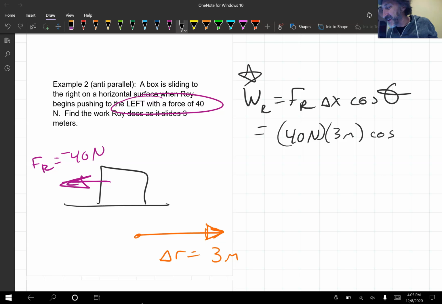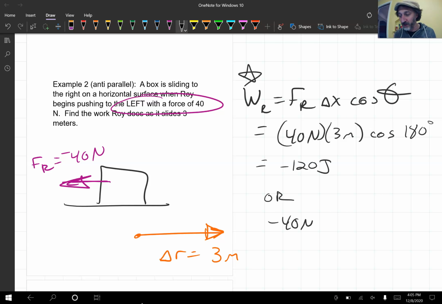My arms don't bend that way. Cosine of 180 is negative 1, right? So this is going to give me 40 times 3, times negative 1. So you get negative 120 joules. Or you can do it more simply and just say, well, I know they're anti-parallel, so it's just negative 40 newtons times 3 meters, which gives you negative 120 joules. All right?